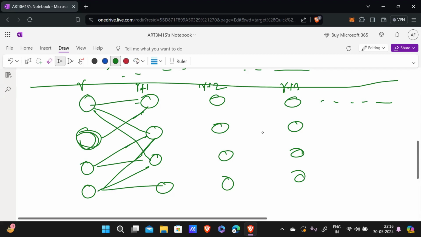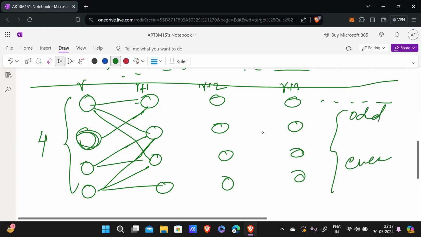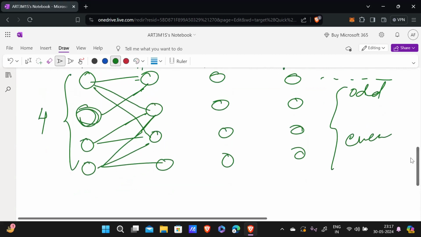Yeah, so right now we have four of these nodes or validators. There is an execution that happens in odd rounds and even rounds. The transaction ordering happens based on an anchor.